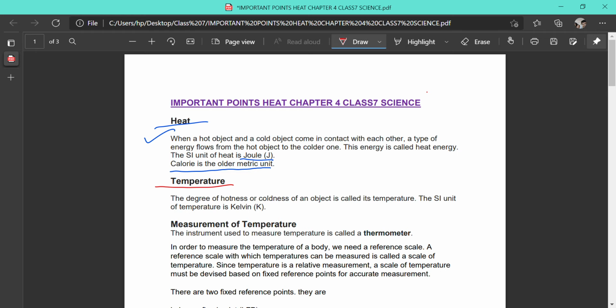So how do we measure it? We can have an instrument for measuring the temperature, that is the degree of hotness or coldness of a body. For that we use an instrument called a thermometer. For measurement of temperature we use a thermometer. Before that, you should know that the SI unit of temperature is the Kelvin.